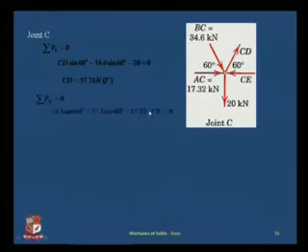Then I shall apply my summation Fx equal to 0, or summation H equal to 0. In this case, there will be no component from this 20 kilonewton force because it is a vertical force, but I will get 1, 2, 3 and 4 components from these force members.